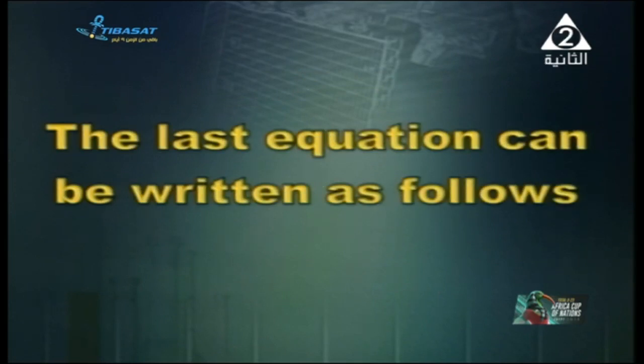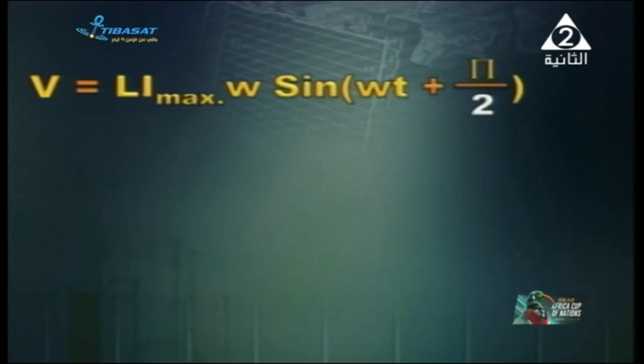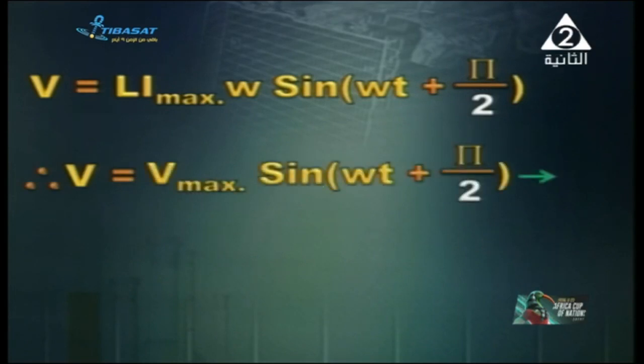The last expression can be written as follows. Cosine will be replaced by sine, and we'll add pi over 2. So V is equal to L I maximum omega sine between two brackets omega t plus pi over 2. So V equals V maximum sine omega t plus pi over 2.